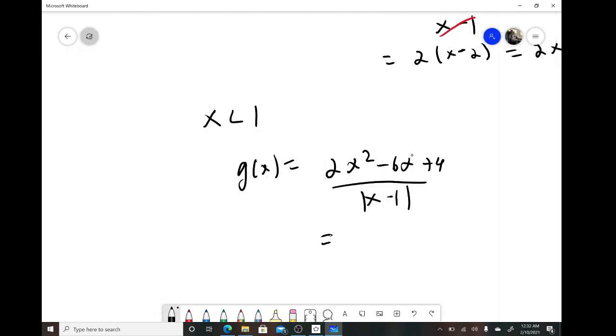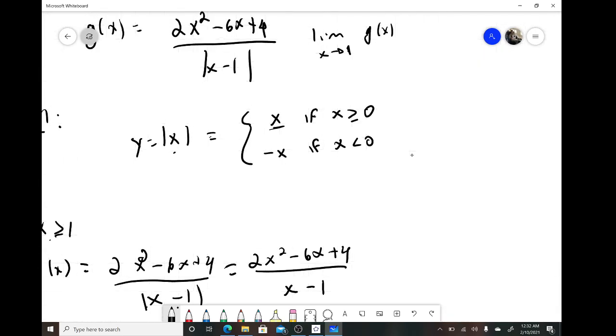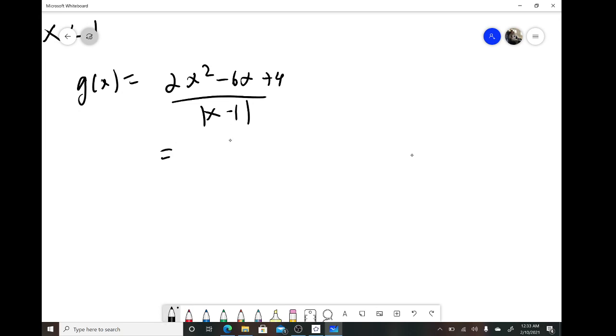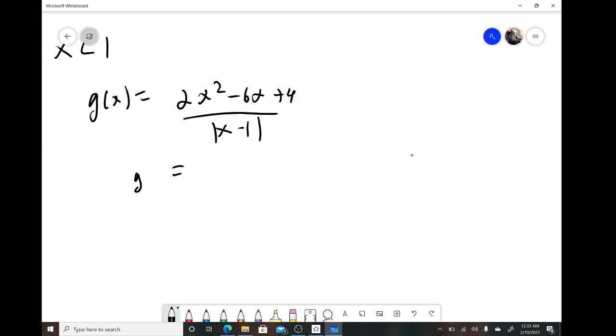Based on our rule of absolute values, that denominator, the inside, is going to become minus x minus 1. So g of x equals 2x squared minus 6x plus 4 in the numerator, which stays the same, but for the denominator, instead of writing x minus 1, I'm going to write minus x minus 1, with a negative on the inside.